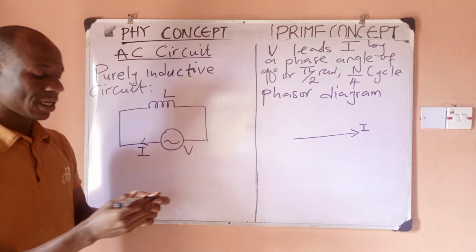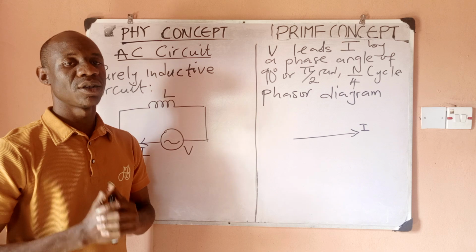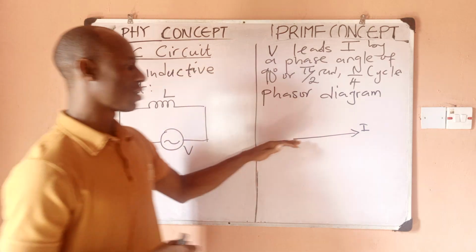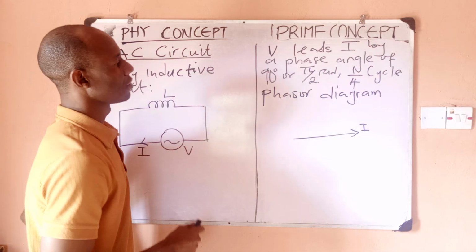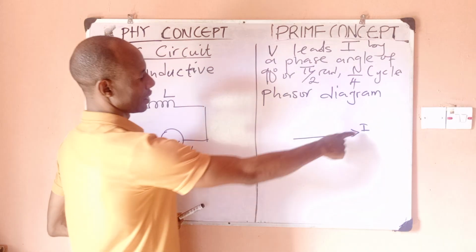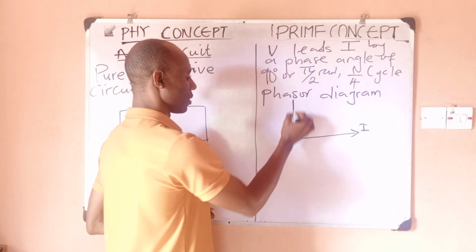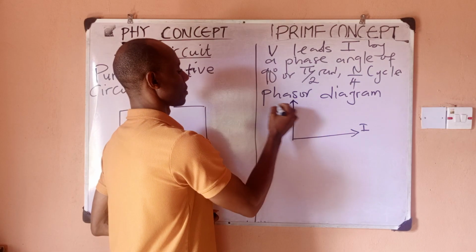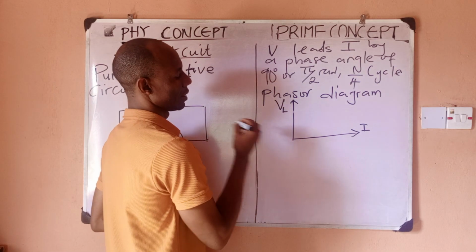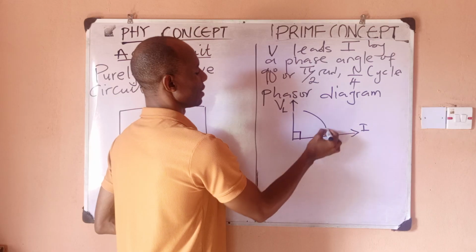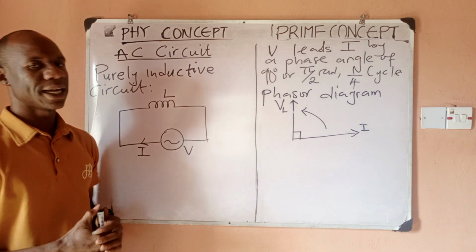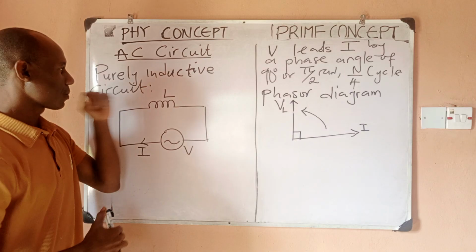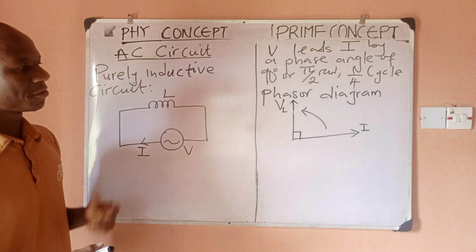Anytime you take any quantity as your reference when drawing your phasor, that quantity will be on the positive x-axis. Now, since voltage leads, and this is my current, I should take my voltage up, which is VL. This is 90 degrees, and this is the direction of motion, counterclockwise. So this is my phasor diagram for a purely inductive circuit.